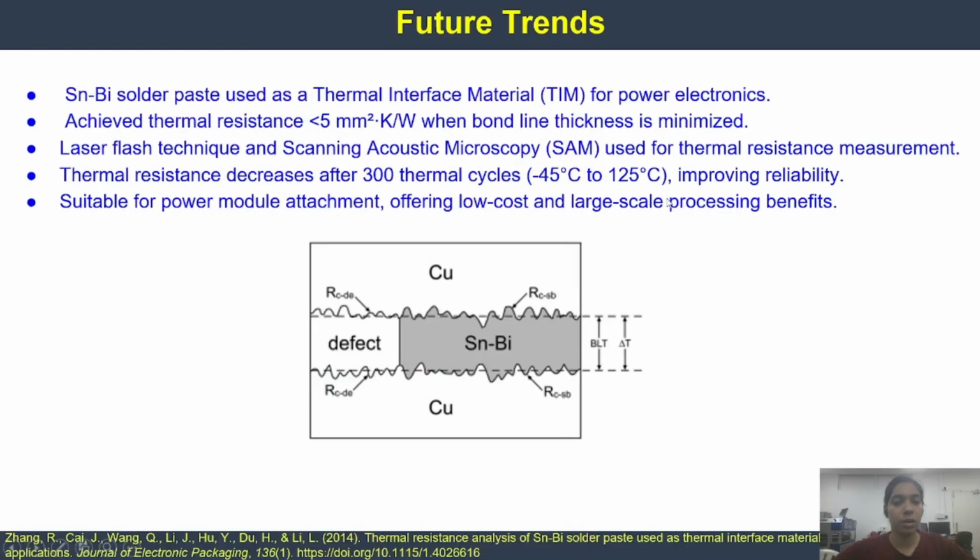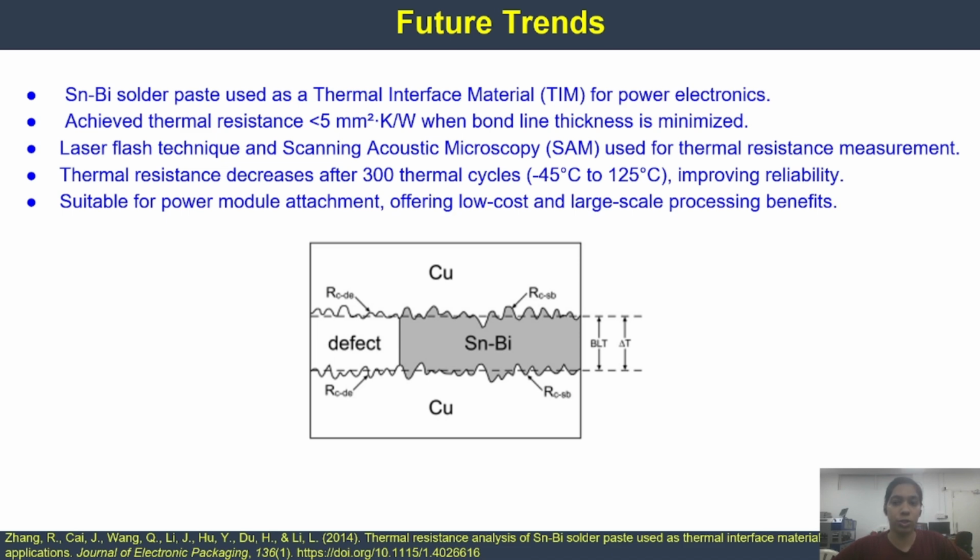So continuing with the future trends, tin bismuth solder pastes are used as a thermal interface material for power electronics, and when the bond line thickness is minimum, the achievable thermal resistance is less than 5 millimeter square Kelvin per watt.